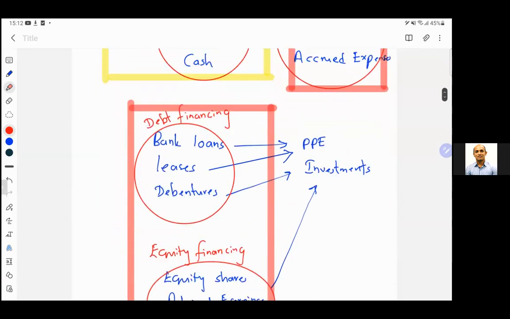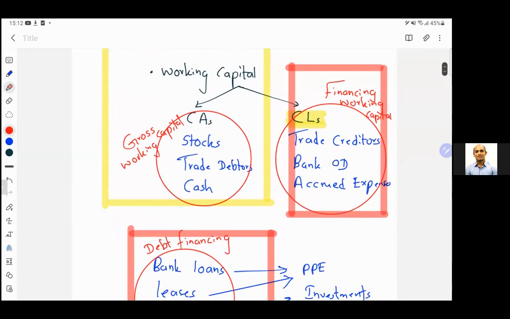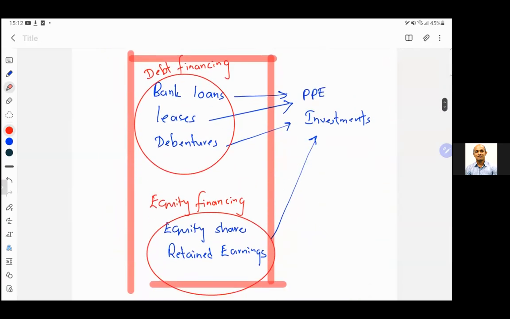Those financing activities are represented under current liabilities. You know, bank loans, leases, debentures are non-current liabilities. And equity shares, retained earnings are equity components.